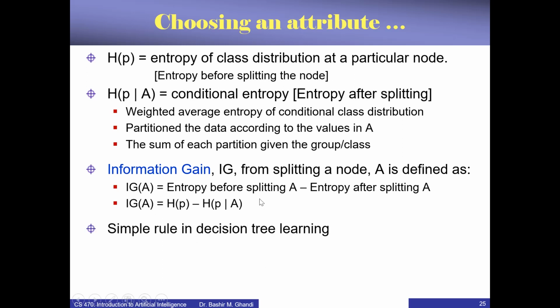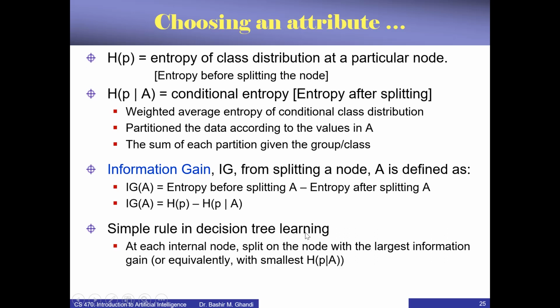Now, in choosing the most important attribute to use to split the data, the simple rule is: compute the information gain of each attribute and choose the one that has the highest value.